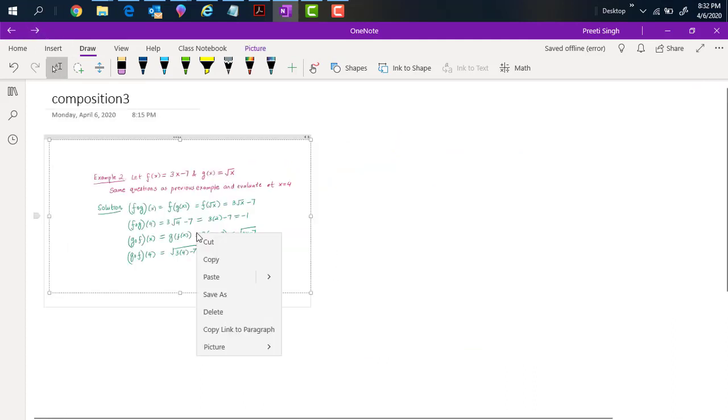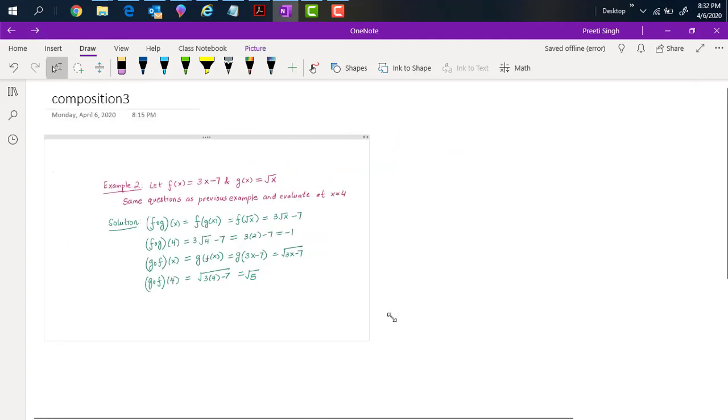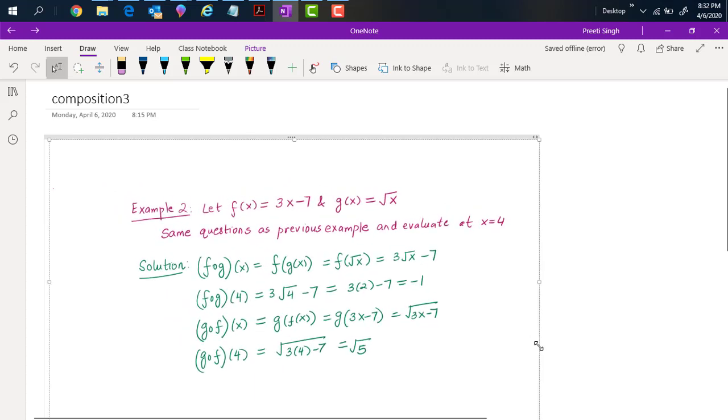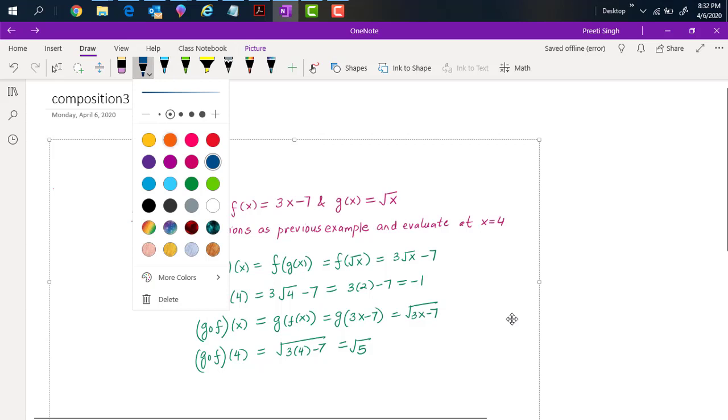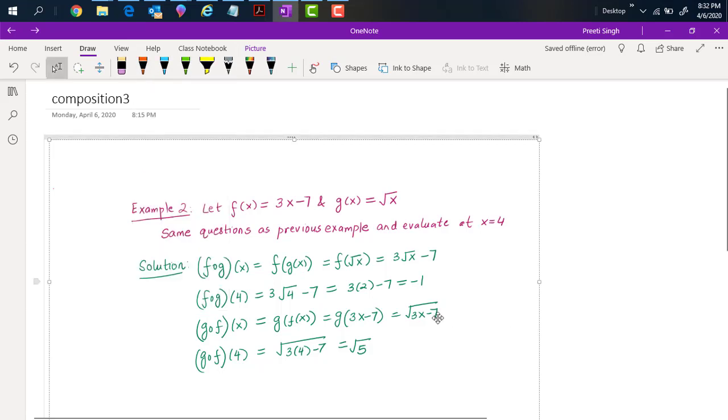So that's my next example. Suppose you have these functions now. F of x equals 3x minus 7 and g of x equals square root of x, right? So again, FOG of x, if I just go by definition, it's f of g of x, and g of x is square root of x.